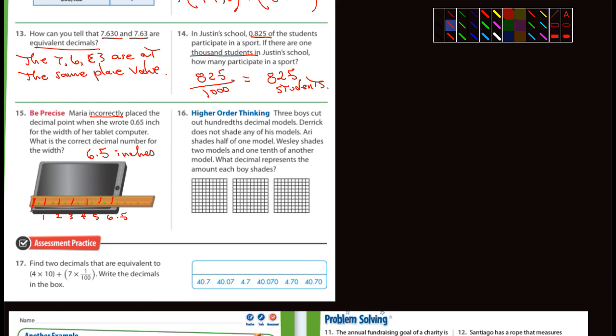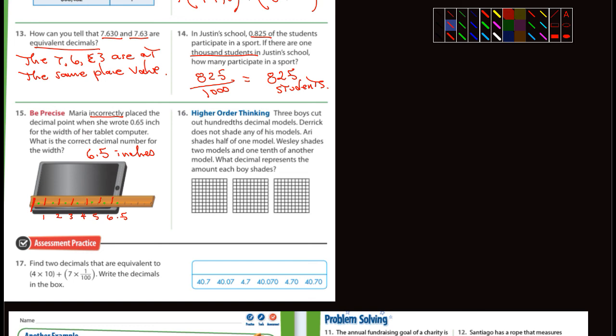Number 16, 3 boys cut out hundredths decimal models. So each one of these squares here have 100 little tiny squares. Derek does not shade any of his models. Ari shades half of one model. Wesley shades 2 models and 1/10 of another model.